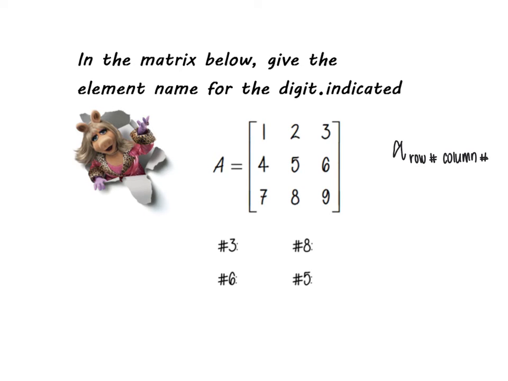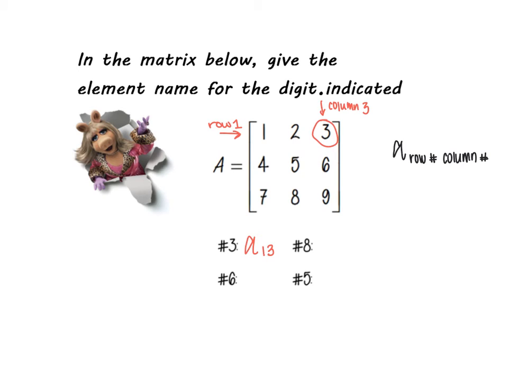So if you look at 3, 3 is in the first row. So this is row 1. And it's in the third column. So when I name this, I would call it A, row number 1, column number 3. So A and then the little 13.